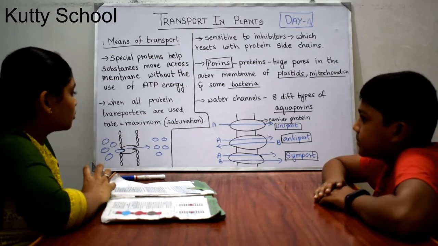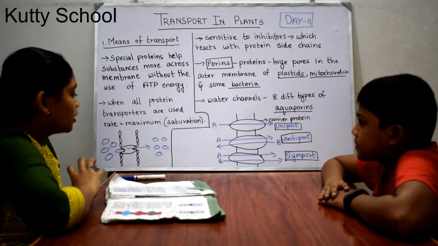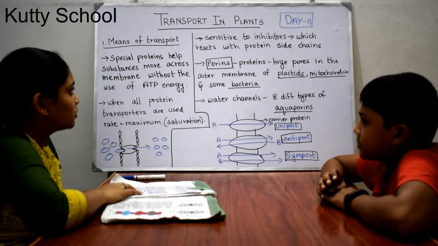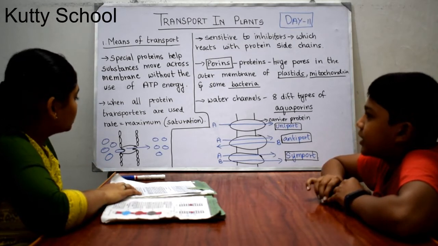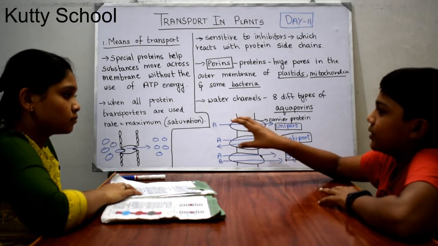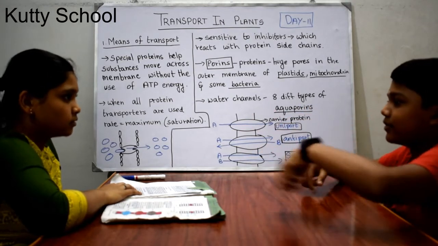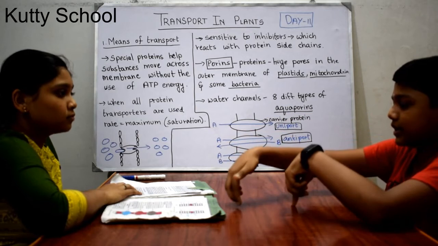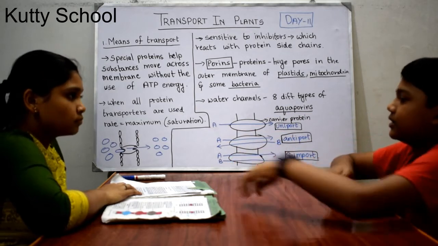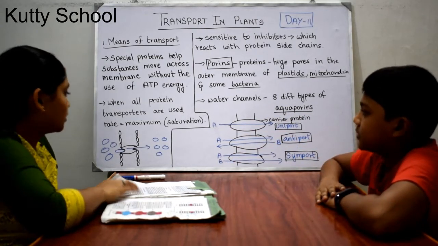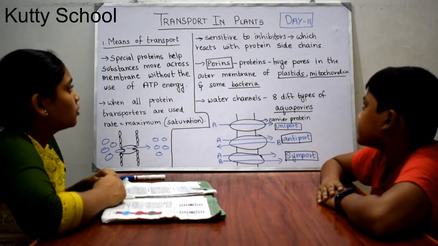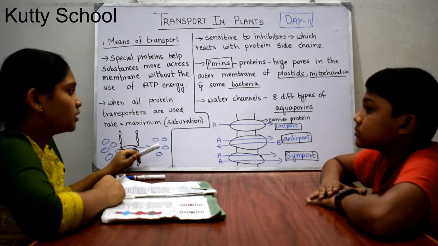Here also the concentration is very important, from higher concentration to lower concentration. It is like when you go to some malls, they keep a revolving door: you go in this side and rotate, and someone entering from that side comes and leaves back here. That is the mechanism. These proteins are sensitive to inhibitors.